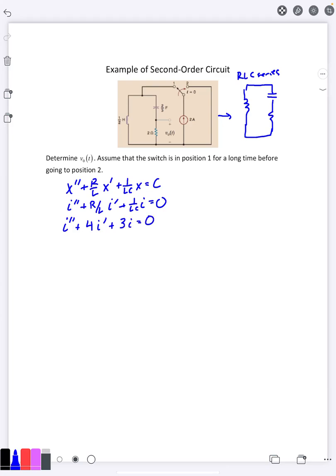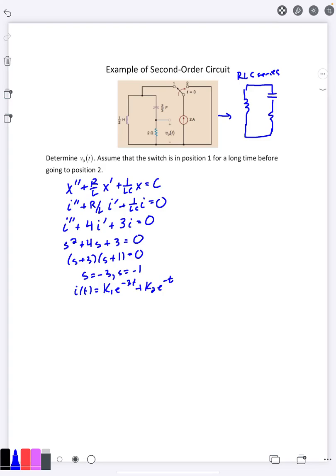We then get our auxiliary equation, s squared plus 4s plus 3 equals 0. We can factor that, (s plus 3)(s plus 1). We get -3 and -1, which means my solution is going to be k1 e to the -3t plus k2 e to the -t.